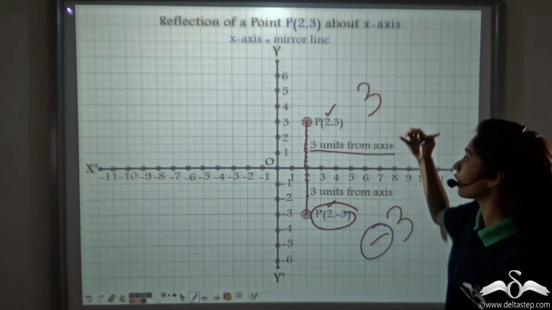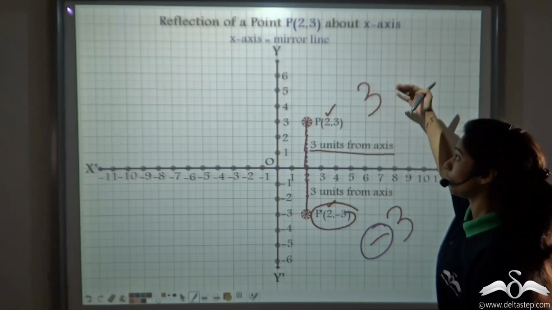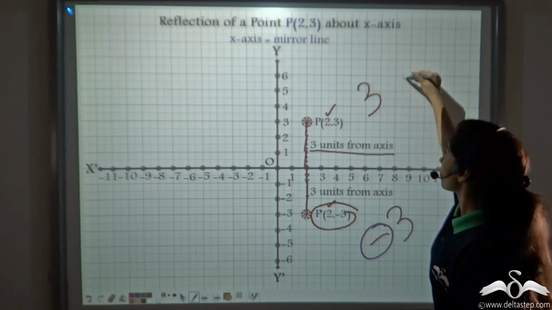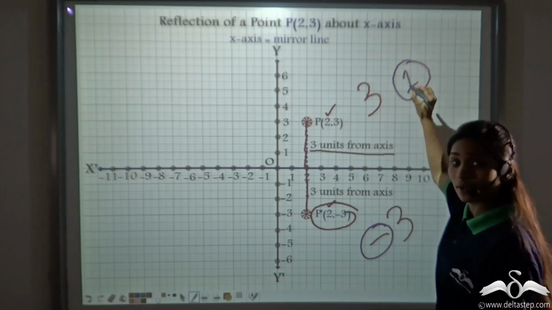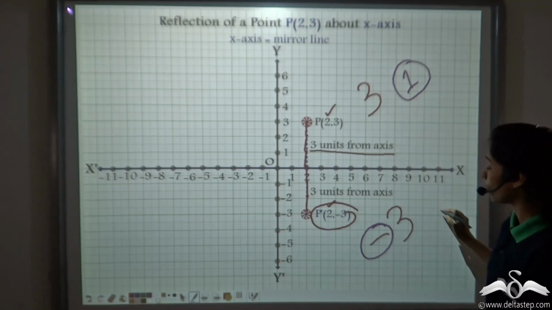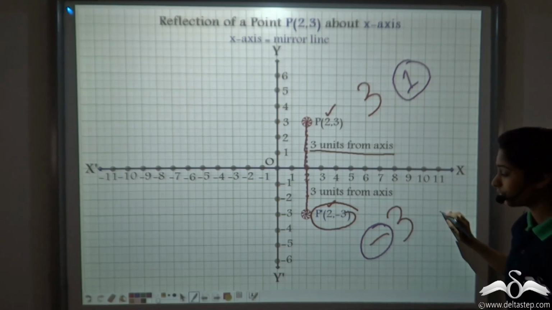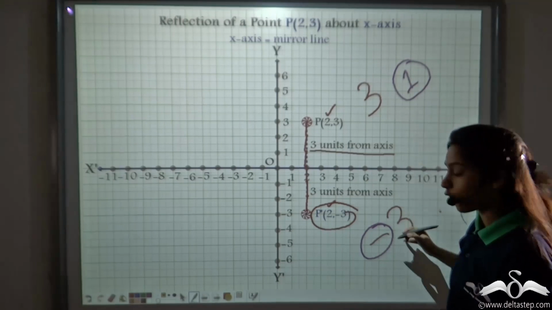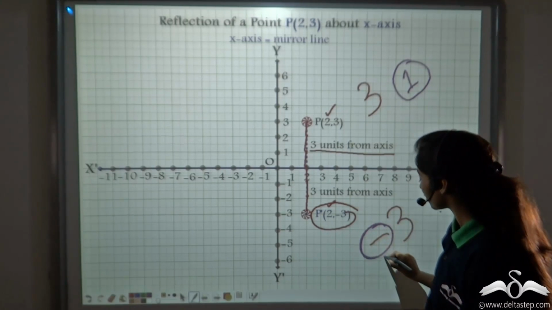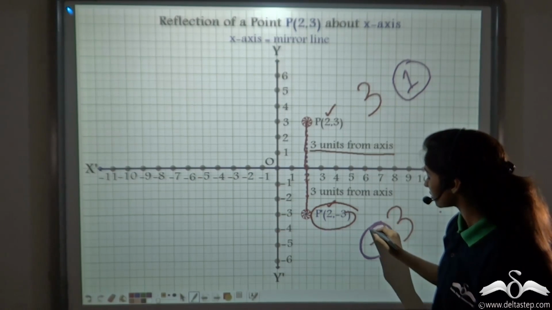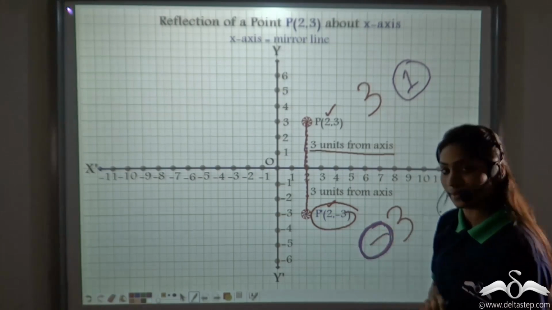That is also because of the quadrant. In quadrant 1, y is positive, and in quadrant 4, y is negative. So because of the change in quadrant, we get a change in the sign of the Y coordinate.